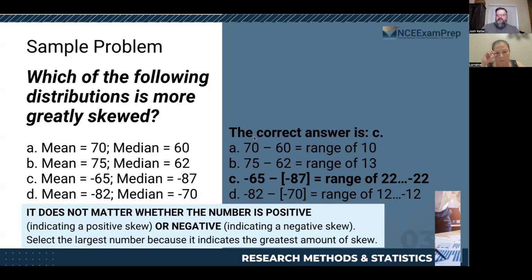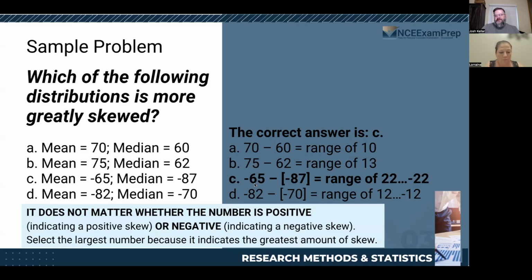So let's look at each one of these. A mean of 70 and a median of 60. If we're subtracting, mean minus the median, 70 minus 60, we've got a difference of 10. 75 minus 62 gives us 13.